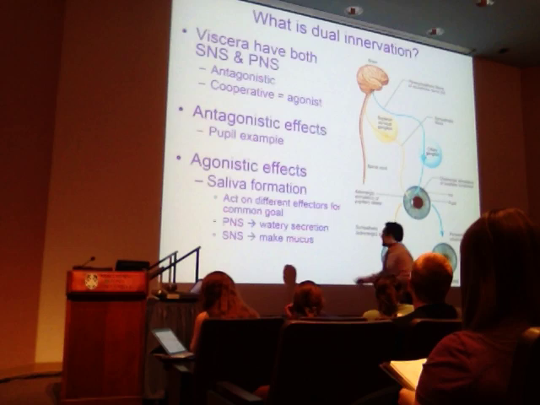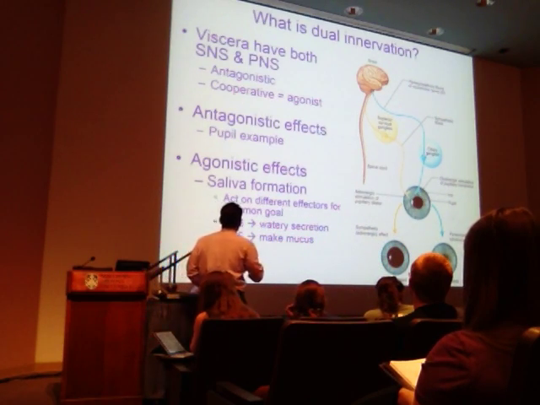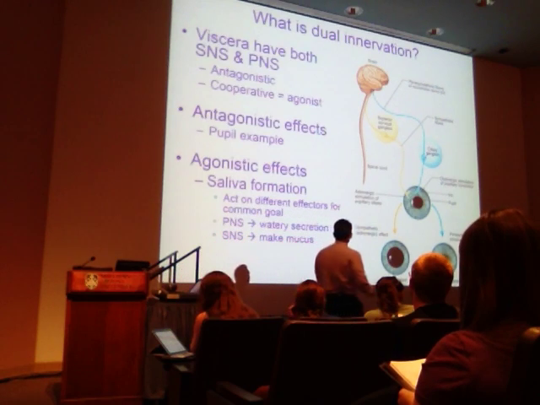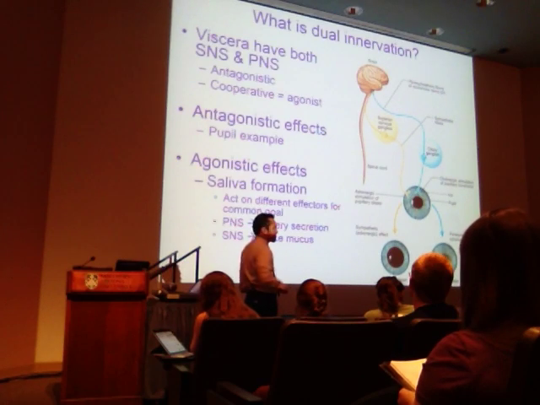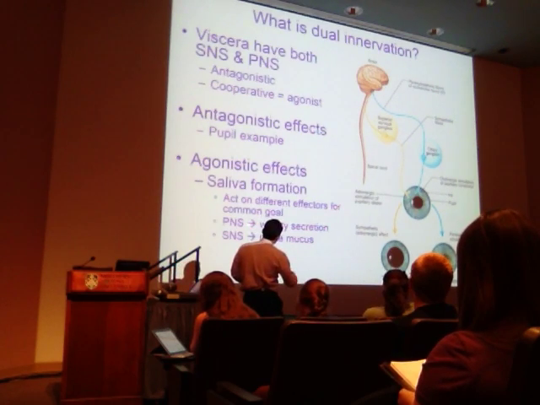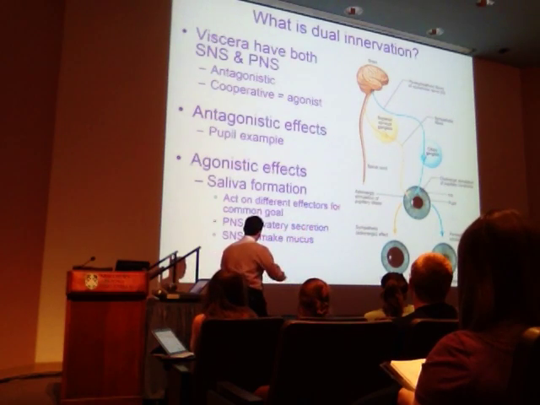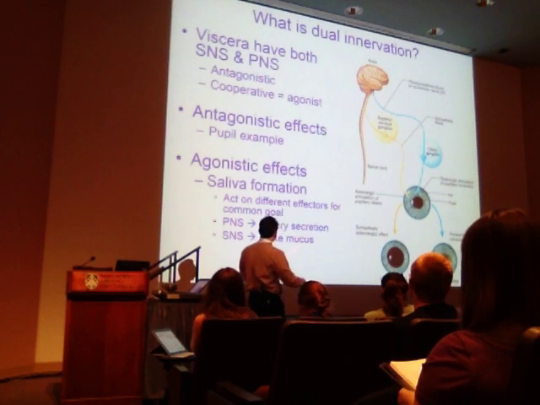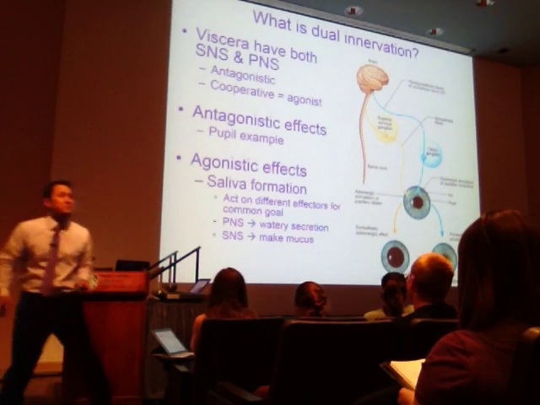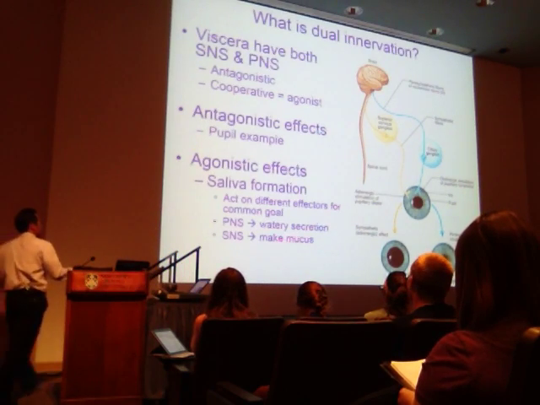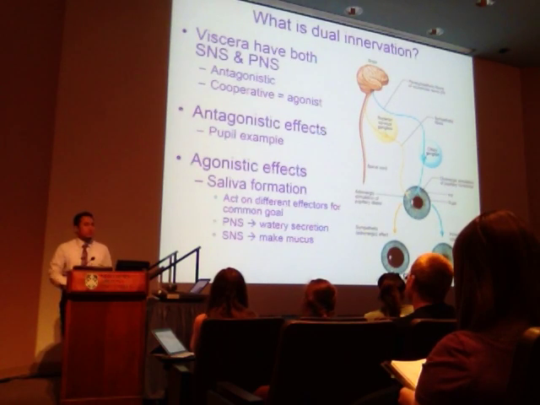Now, let's look at agonistic. Agonistic is a cooperative effect. So in the case of saliva formation, we've got the parasympathetic nervous system creating the secretions, the watery secretions. The sympathetic nervous system is responsible for making a lot of the mucus, the thick substance, of which will encourage any enzymes in place to actually stay in location.